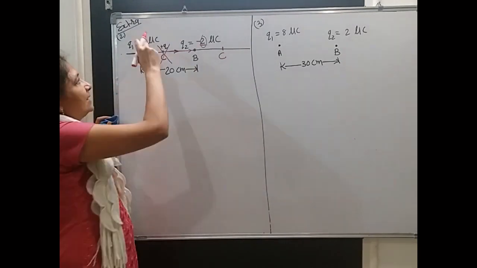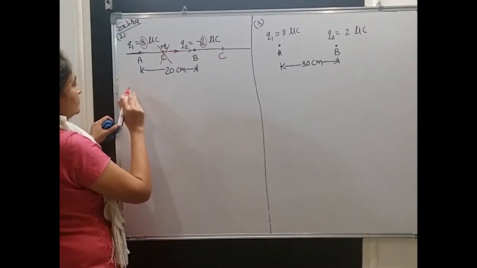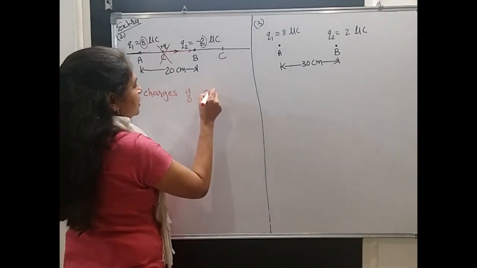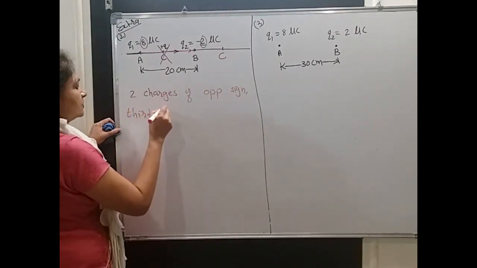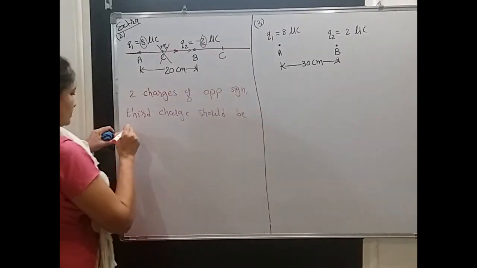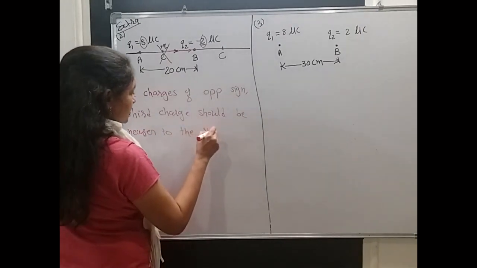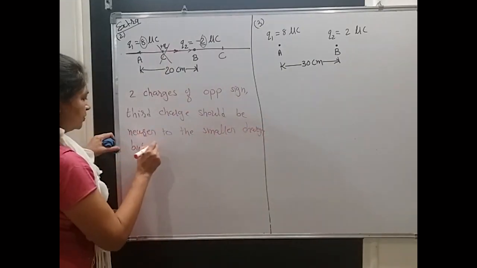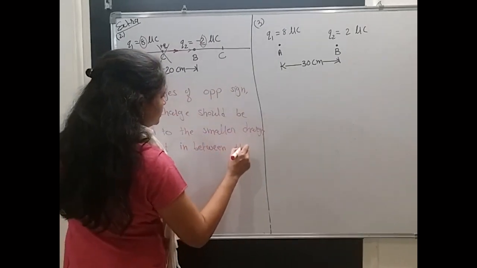So remember that whenever we have two charges of opposite sign, the third charge should be nearer to the smaller charge, but not in between the two charges.